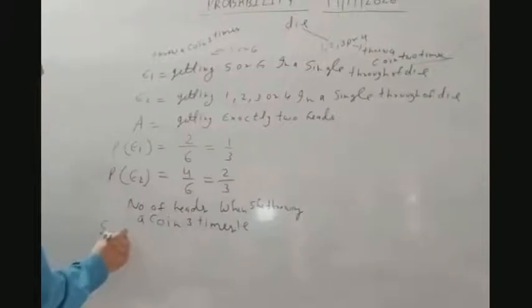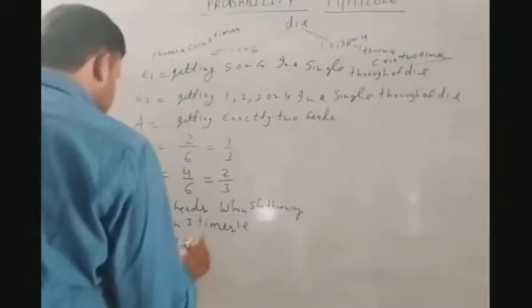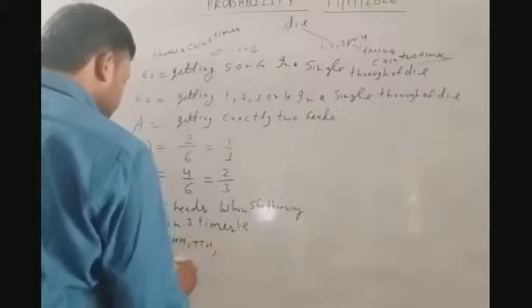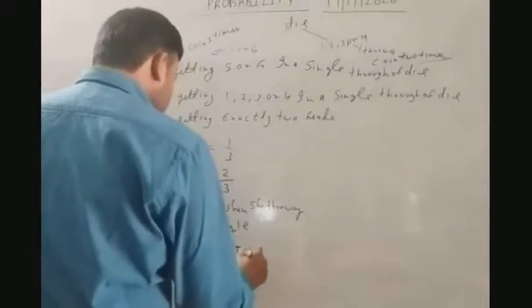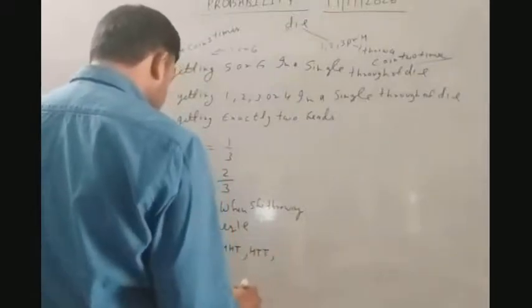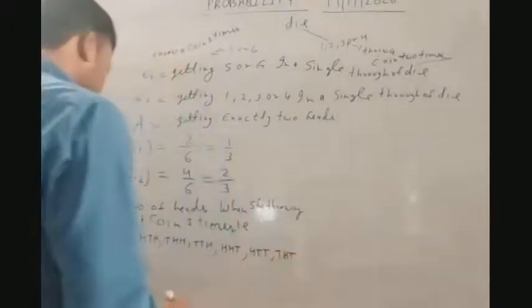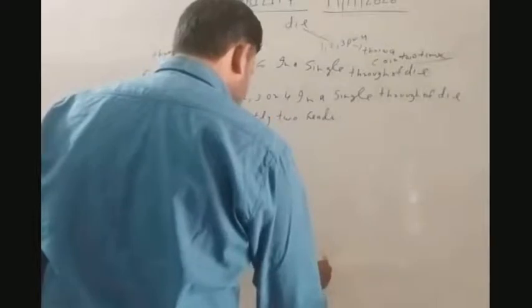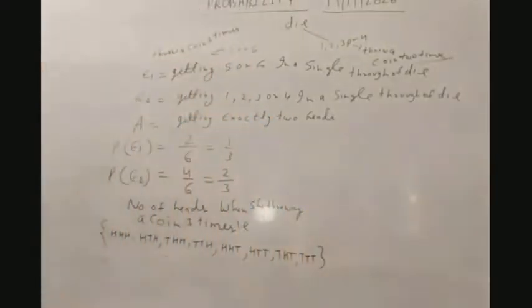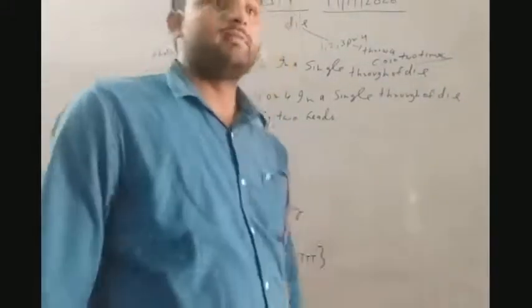Here will be H, H, H; H, H, T; H, T, H; T, H, H; H, T, T; T, H, T; T, T, H; and last T, T, T. So this is the sample space when she is tossing a coin 3 times.